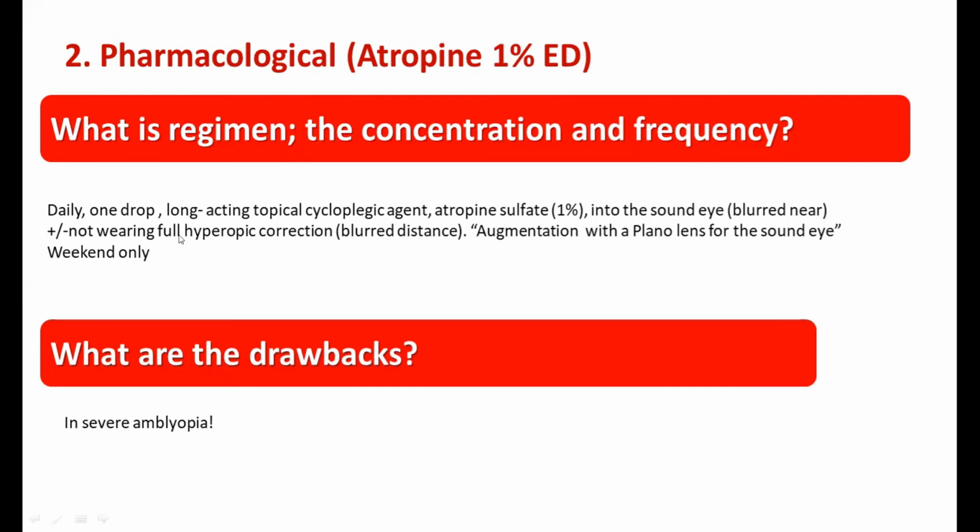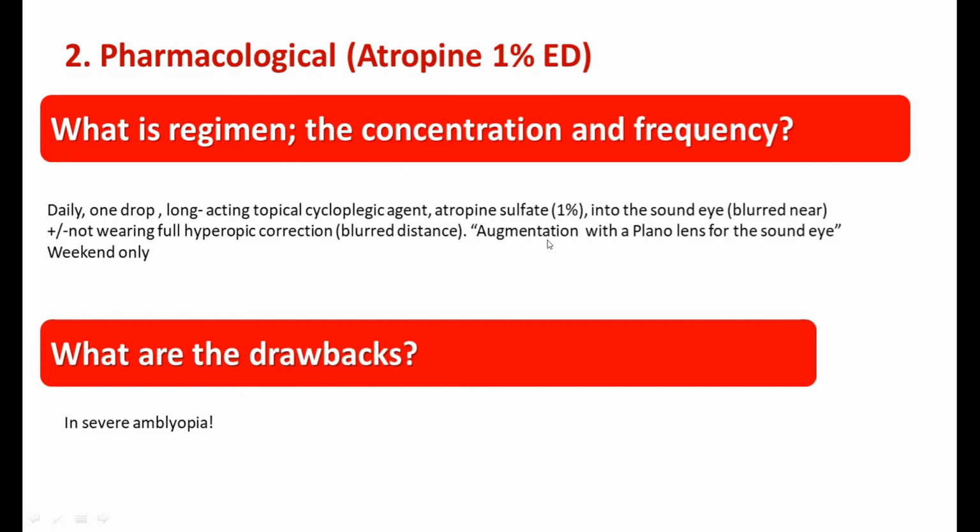So traditionally, they recommend using daily atropine because it blurs the near vision. Sometimes it is augmented by using a plano lens for the sound eye. So again, I will repeat this one. If you are using atropine eye drops on the sound eye, it causes blurring of near vision of the sound eye.